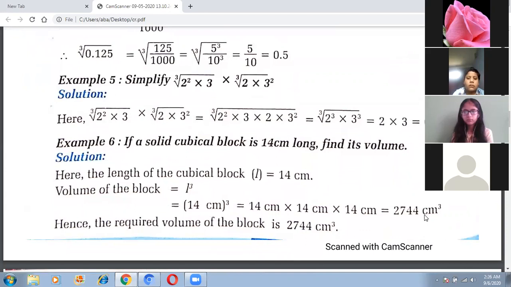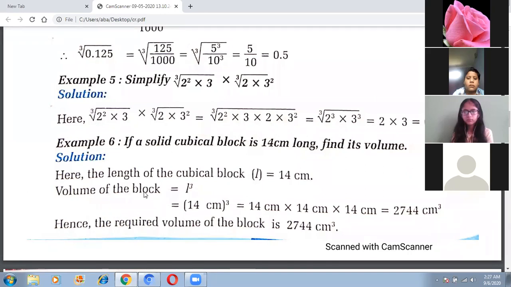Now example number 6 is what? If a solid cubical block is 14 centimeter long, find its volume. Now what is the volume of cube? L cube. Yes? Volume of cube is L cube. Length, breadth and height are equal in cube. So in place of breadth and height, you can write length. L into L into L, L cube. So the length of the cubical block equal to 14 centimeter, given.